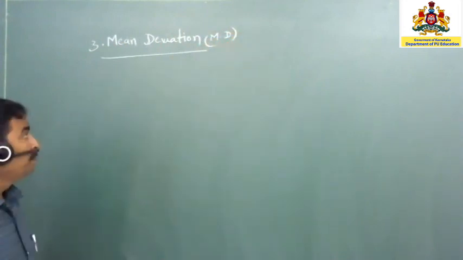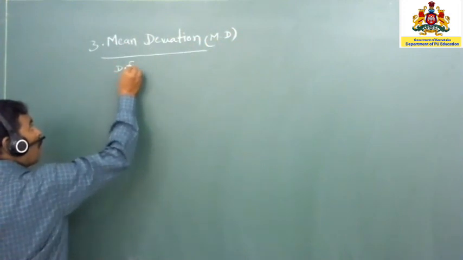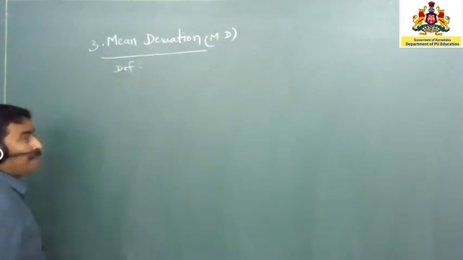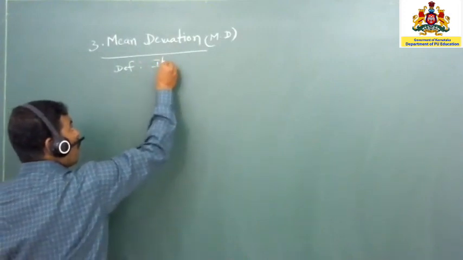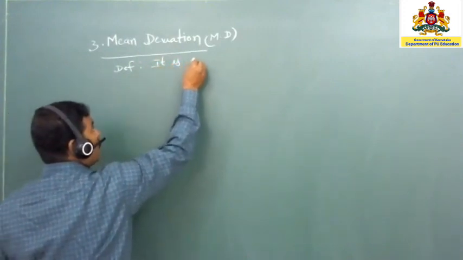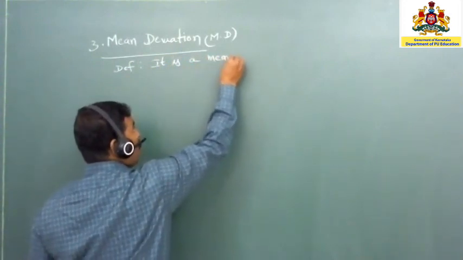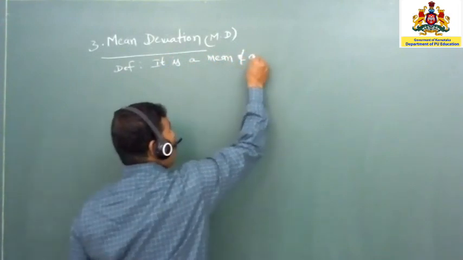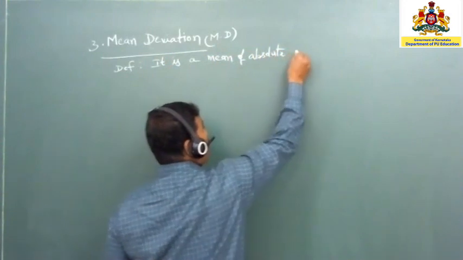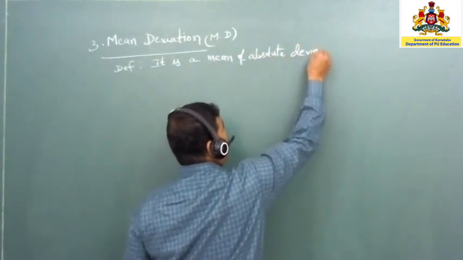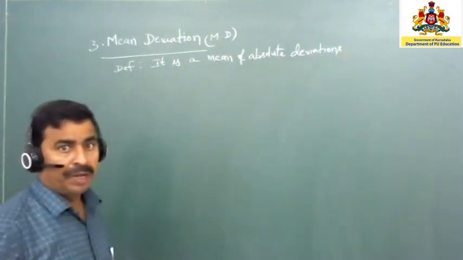Definition: it is a mean of absolute deviations.